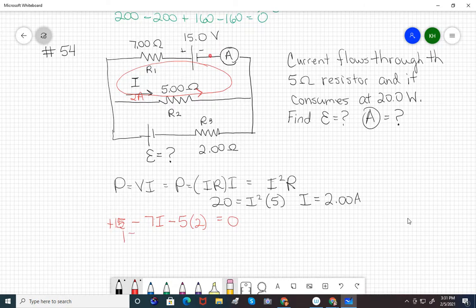So I have 15 minus 7I minus 10 equals 0. That gives me 5 equals 7I. And I is equal to, I get a decimal, 0.714 amps. So the ammeter reading is 0.714 amps.